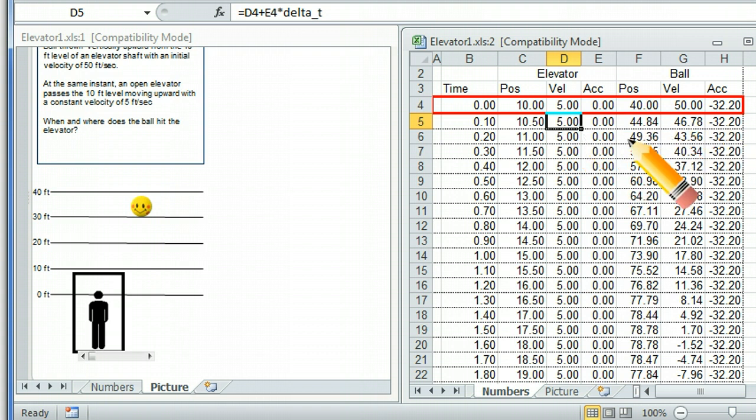Same for the ball: minus 32.2 acceleration, 50 and 4. And then we've copied and pasted these equations all the way down.